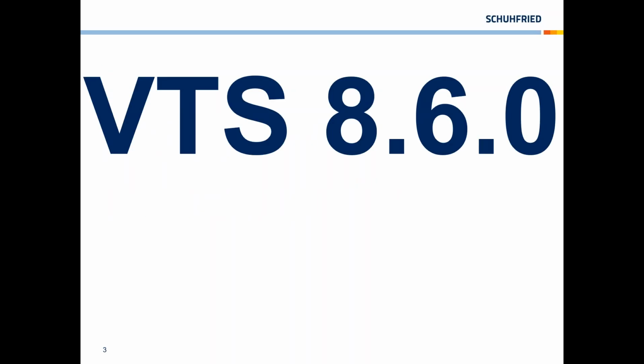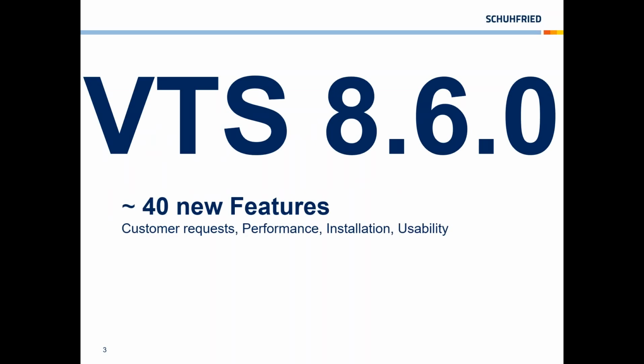So, to start, on the technical side, the VTS Release 8.6 offers a lot of new features. About 40 new features were integrated, some based on customer requests. We did a lot on performance. The VTS is a much faster and much more stable thing now.